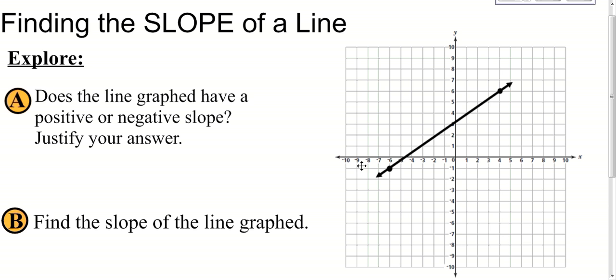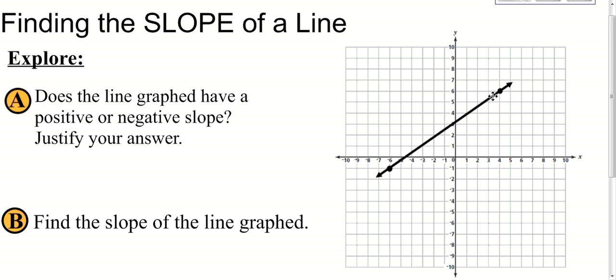When we scan this coordinate grid from left to right, you notice that the line starts right here, basically, from your left to right. It doesn't start right there, but that's where it is. That's the first part of the line that your eyes glance on. So you notice that this line goes up from left to right.